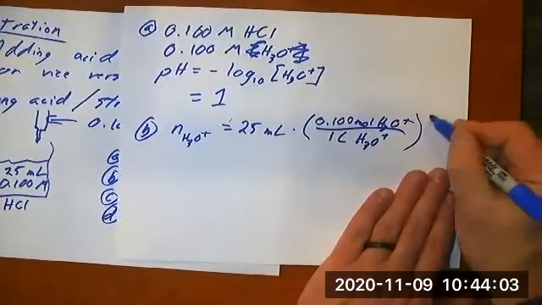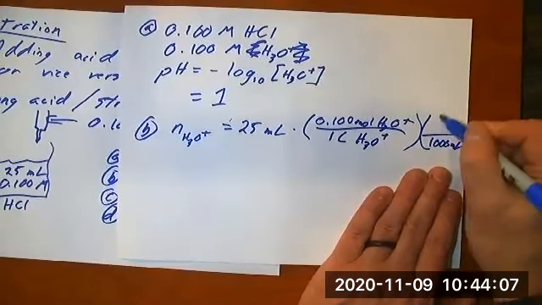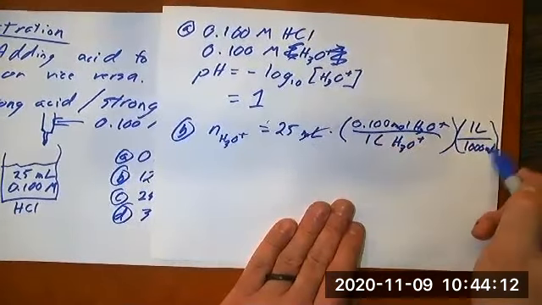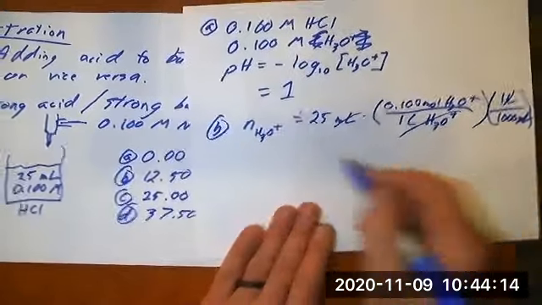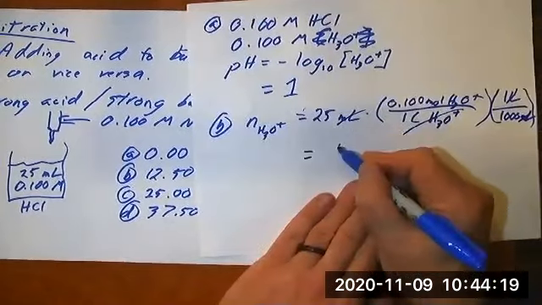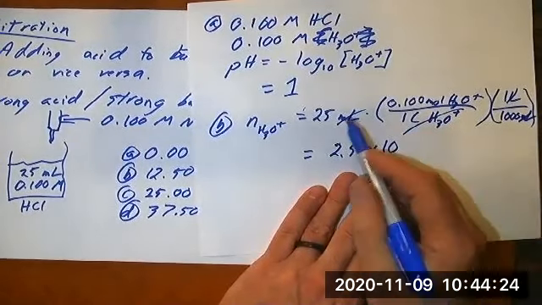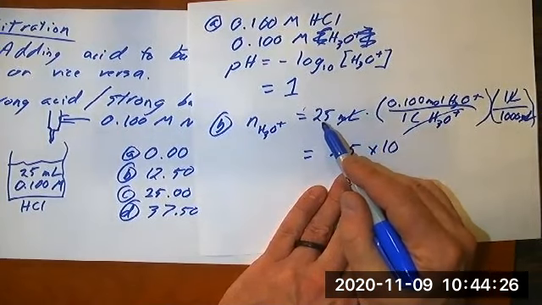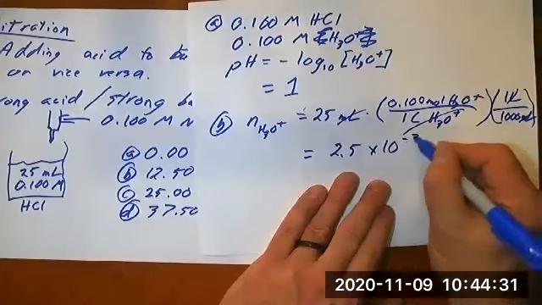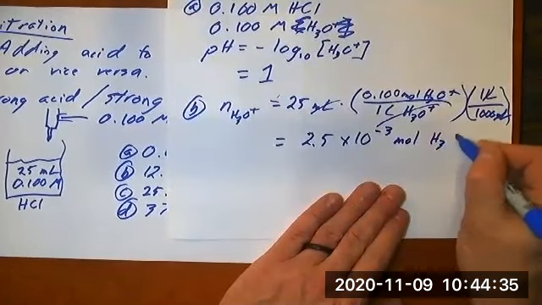And then we have to convert milliliters to liters so that our volumes cancel correctly. Milliliters, milliliters, liters, liters. And we find that we have 2.5 times 10 to the minus 3 moles of H3O plus.